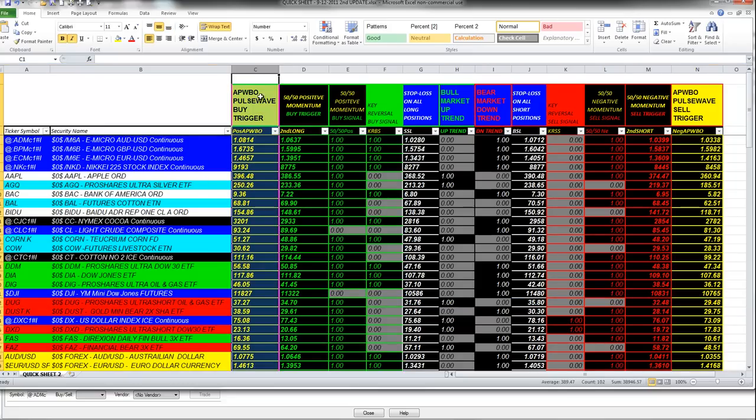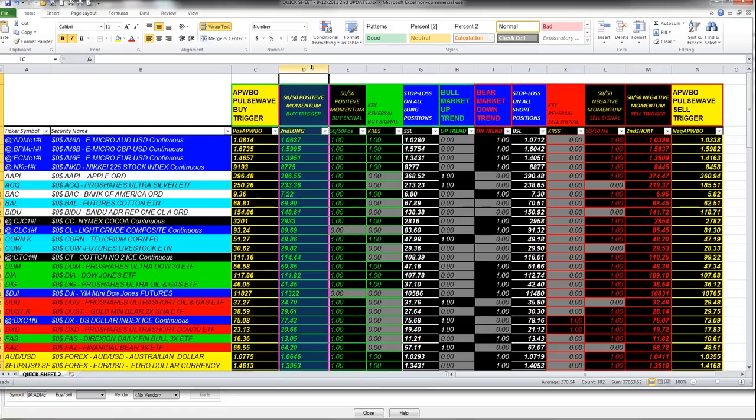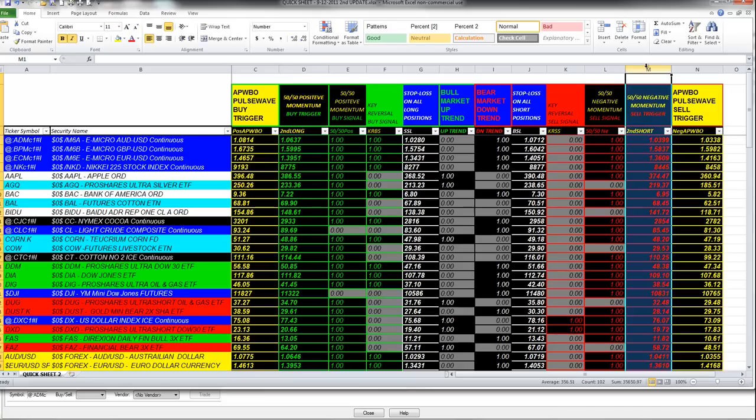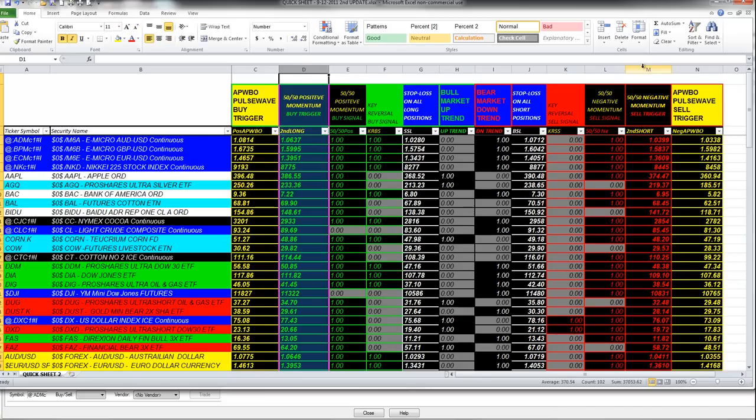The next columns are column C and column N. These are your pulse wave buy triggers. When the market is getting ready to create another pulse wave, you'll know on the long side, because the pulse wave buy trigger will be above your regular momentum buy trigger, or your second long. The next column is the second long, your 50-50 column, second long and second short.